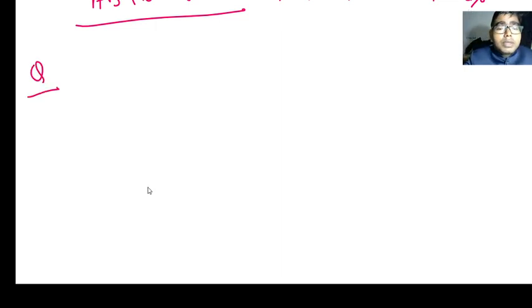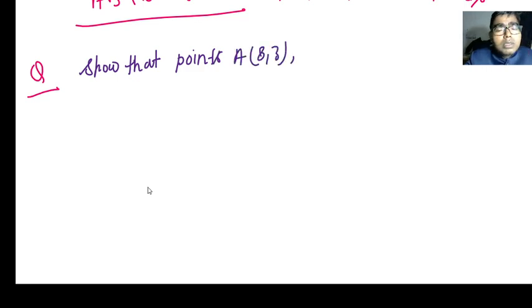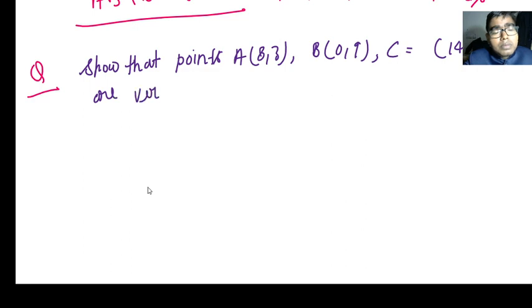Next question is, show that the points A (8, 3), B (0, 9), and C (14, 11) are vertices of an isosceles right angle triangle.